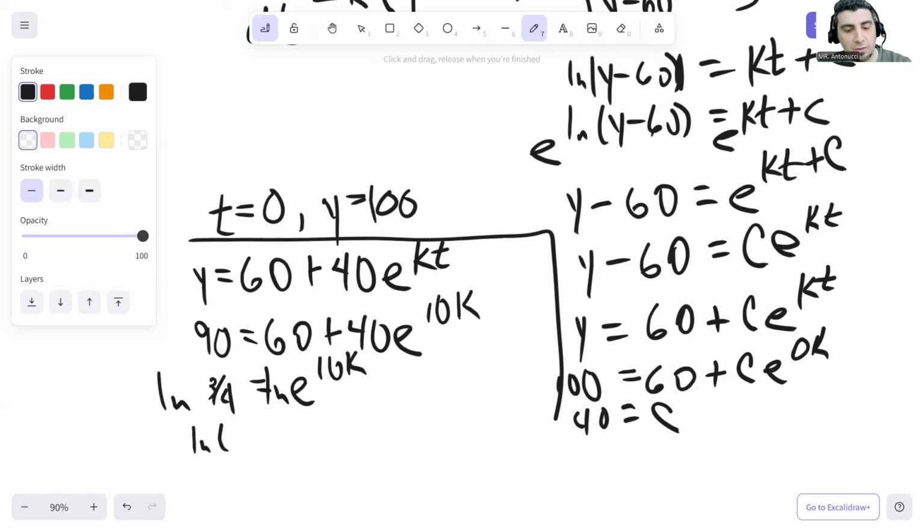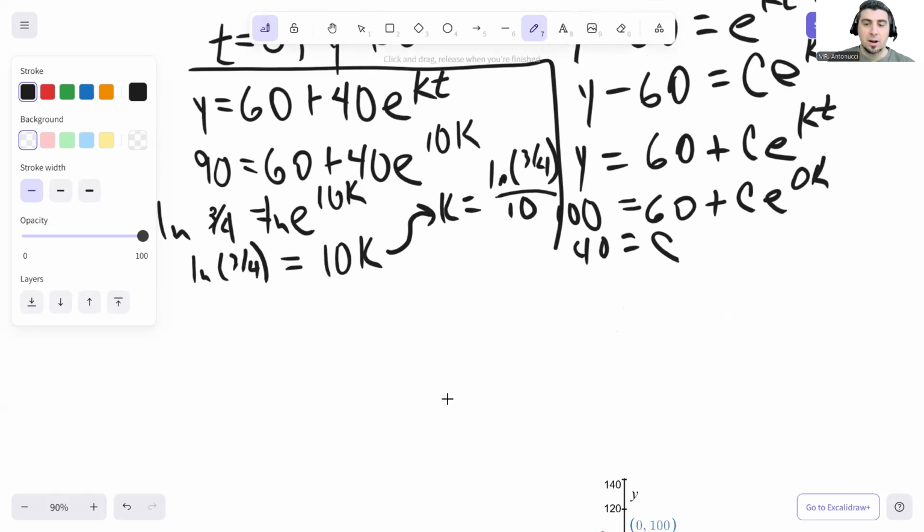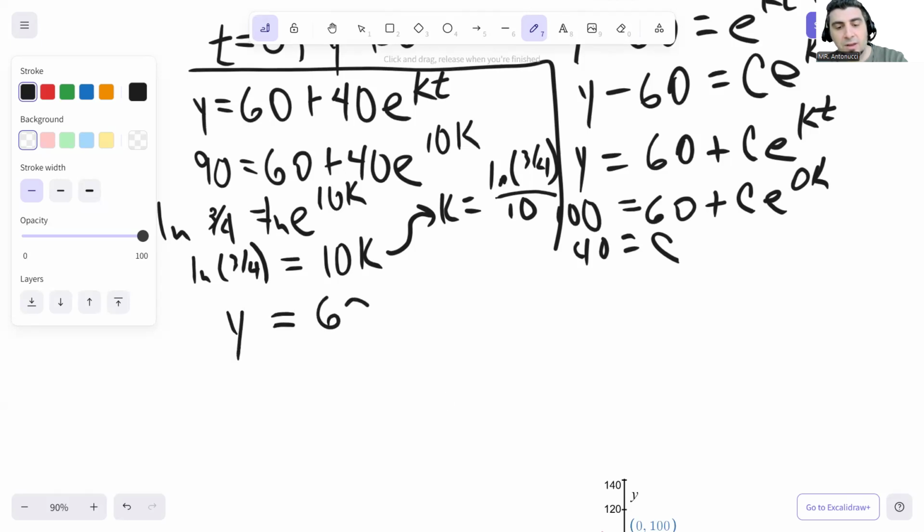So natural log of 3/4 equals 10k. So k equals natural log of 3/4 over 10. 3/4 is less than 1, so natural log of 3/4 is going to be less than 0. Now I know my equation. Y equals 60 plus 40 e to the natural log of 3/4 over 10 t.